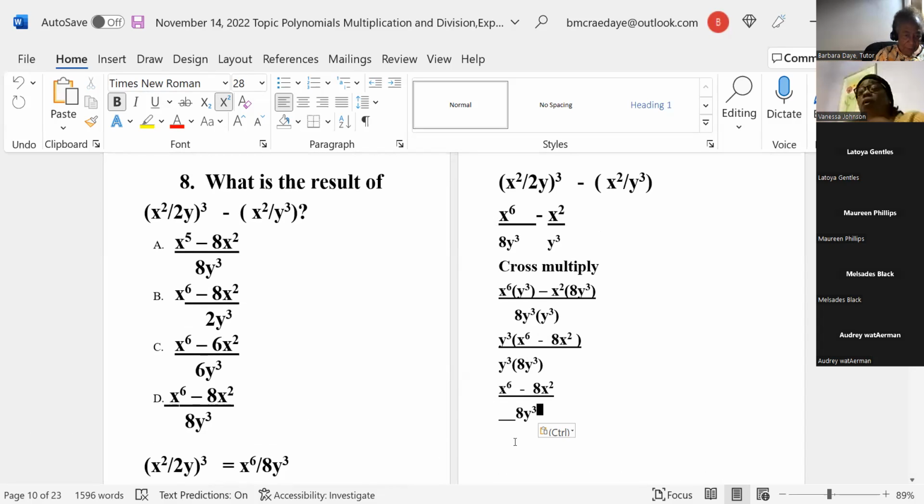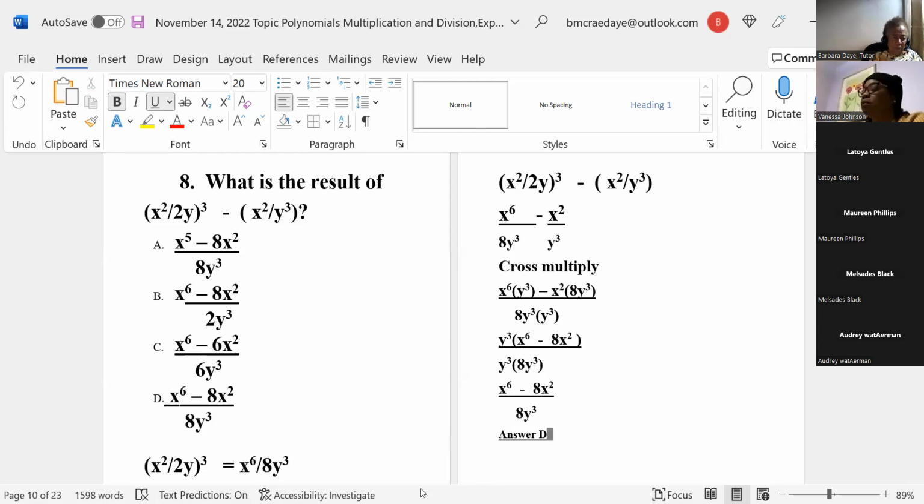D. X to the 6 minus 8x to the second over 8y to the third. D as in dog. That's correct. Answer D.